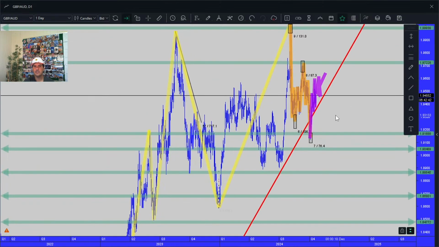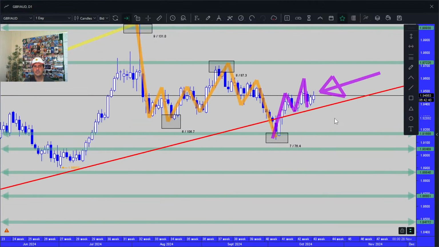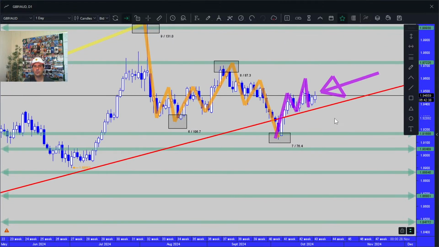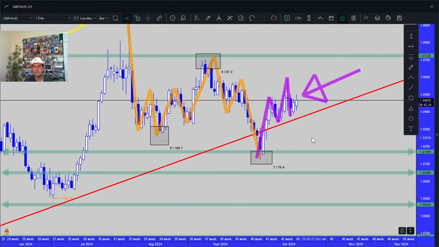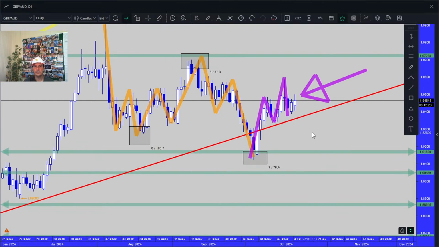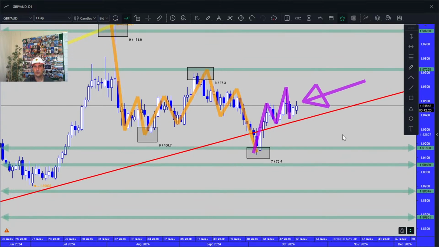Everybody, why would you short? Below the red trend line, alright. What pattern are we? Buy retracement, orange.